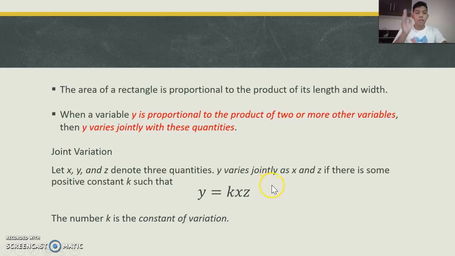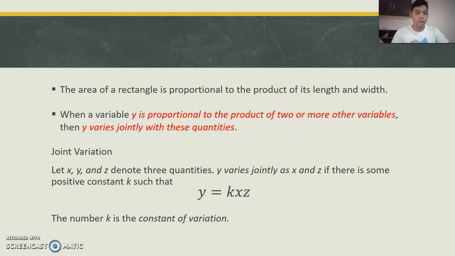Joint variation is just an upgraded version of direct variation, and most of it is similar.